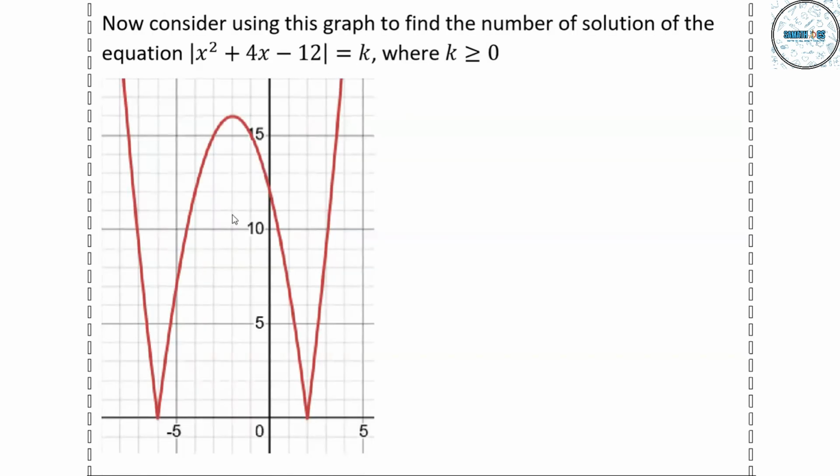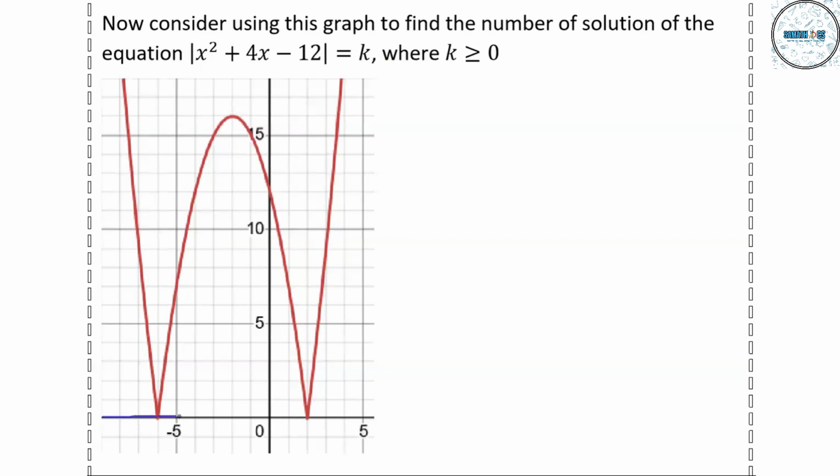We can use this graph to find the number of solutions of the equation absolute value of x squared plus 4x minus 12 is equal to k, where k is a constant and is greater than or equal to 0. The number of solutions depends on how high or low the value of k is.